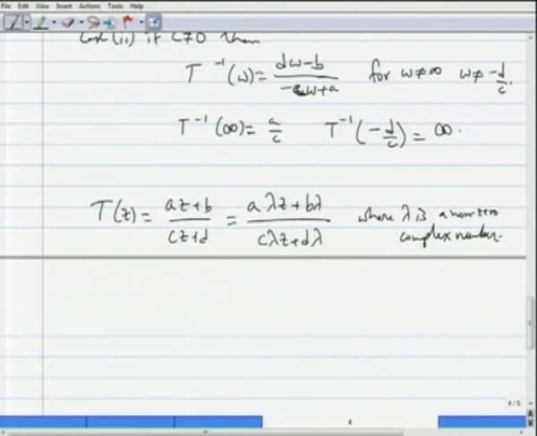Not only that, it is actually true, one can solve this as an exercise.